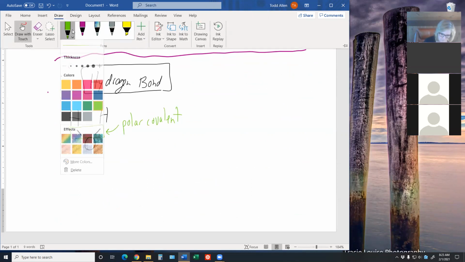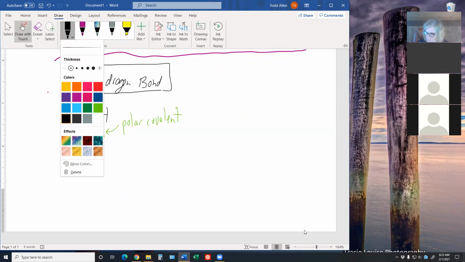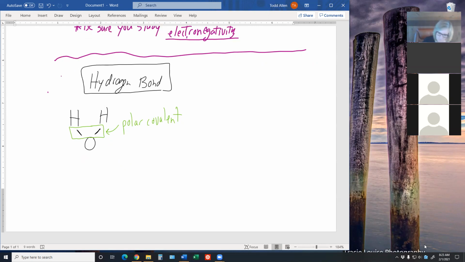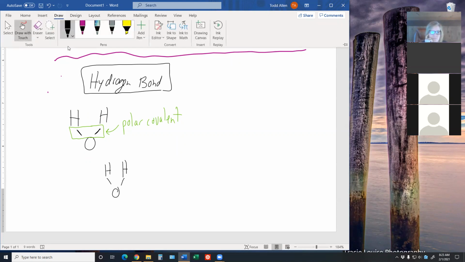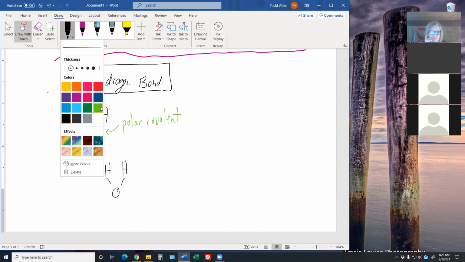So let me draw another water molecule to show you how hydrogen bonds come into existence. Another water molecule here, H2O. These are also polar covalent bonds here.